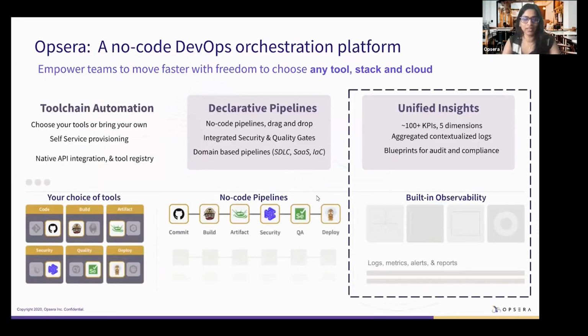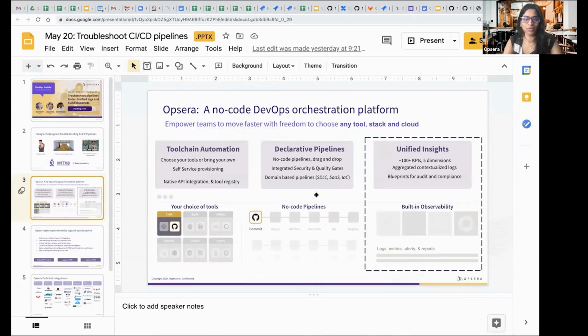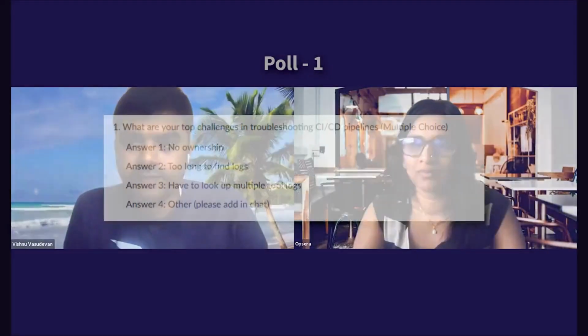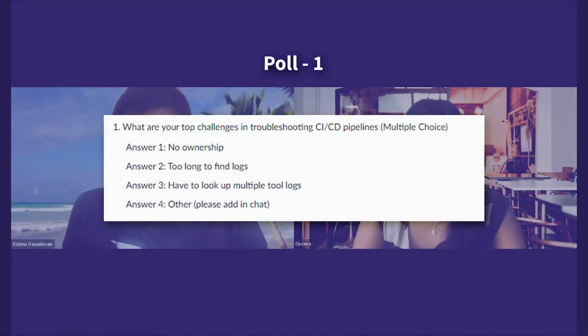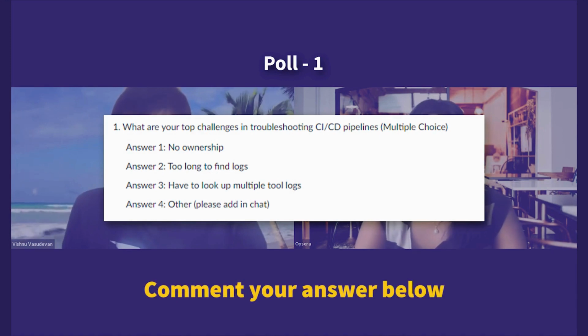Vishnu, before we go on, I'd like to run a poll to check what the most common challenges are. That's an interesting question. What are your top challenges in troubleshooting CI/CD pipelines? I'm sure there are more than what you see on the screen, so feel free to type them on chat.